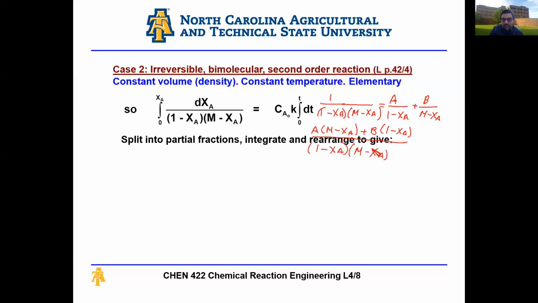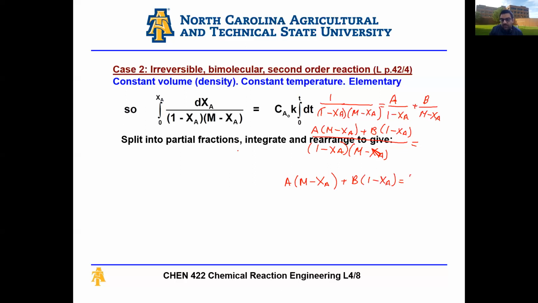So I can say that A into M minus XA plus B into 1 minus XA is equal to 1.